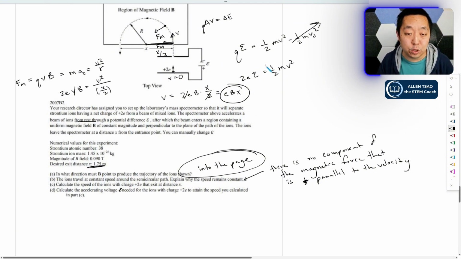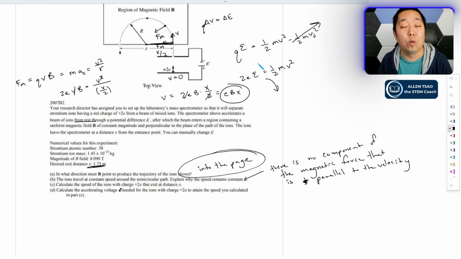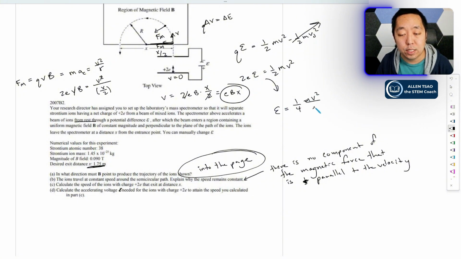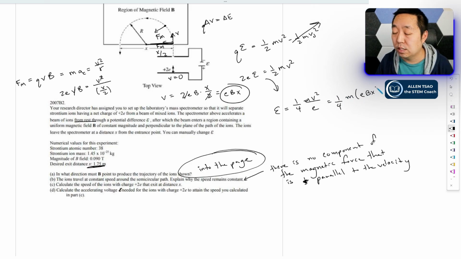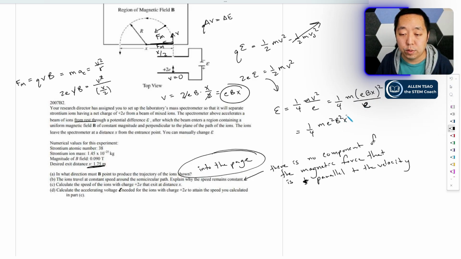And then what potential do we need? We can solve it here from this equation we did before. Work is the change in energy. So the epsilon divided by 2 is going to be 1/4 mv squared over e. But the v is given by this quantity. So it's going to be 1/4 m times eBx squared over e. That's 1/4 m e squared B squared x squared over e.